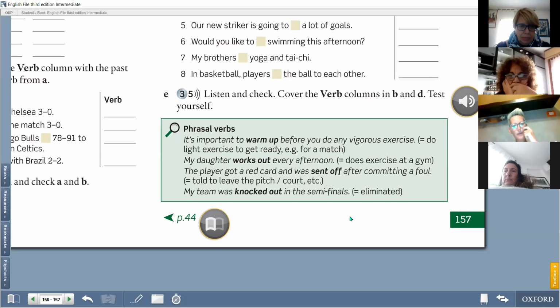The player got a red card and was sent off after committing a foul, equal told to leave the pitch. My team was knocked out in the semi-finals, equal eliminated.